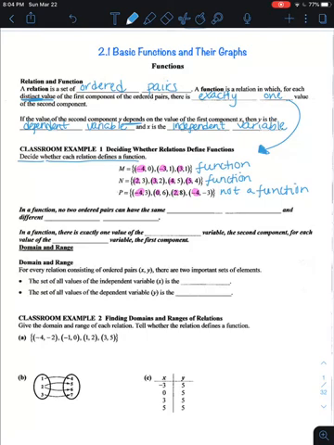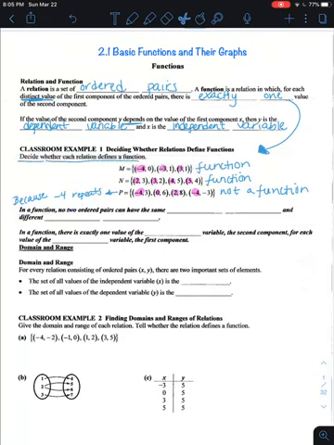So let's make a little note here. So in case you look back, this is not a function because -4 repeats. So this is your reason. I'll move it down a little bit so you know it goes with that. All right.